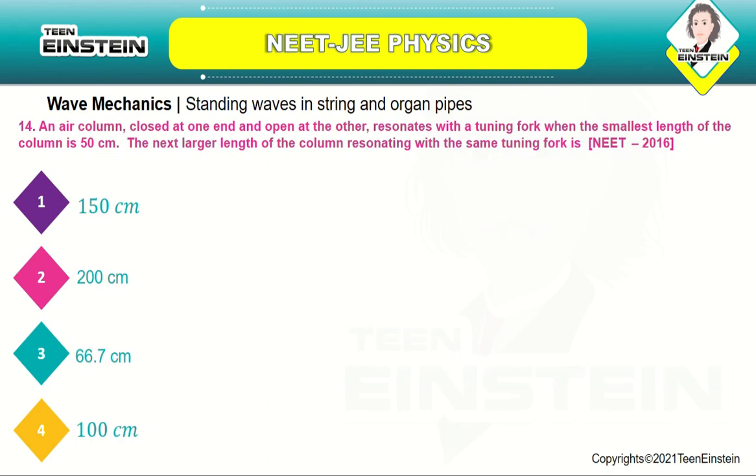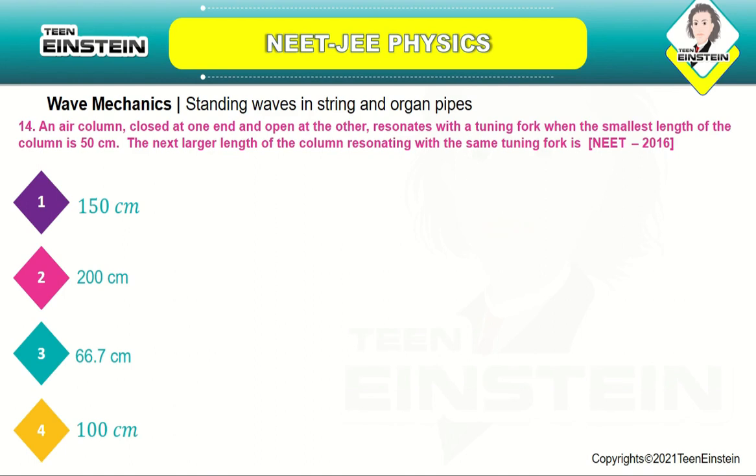An air column closed at one end and open at the other resonates with a tuning fork when the smallest length of the column is 50 cm. The next larger length of the column resonating with the same tuning fork is? So here in a closed pipe, odd harmonics are observed.